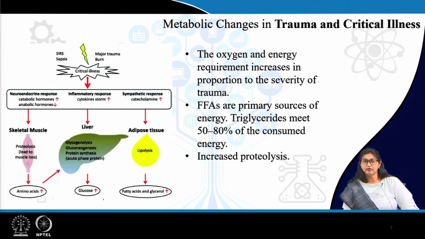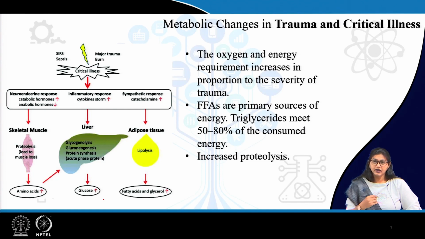Now, let us see one by one what happens in trauma. Based on the severity of the trauma, the oxygen requirement and the energy requirement are proportionately increased in the body.